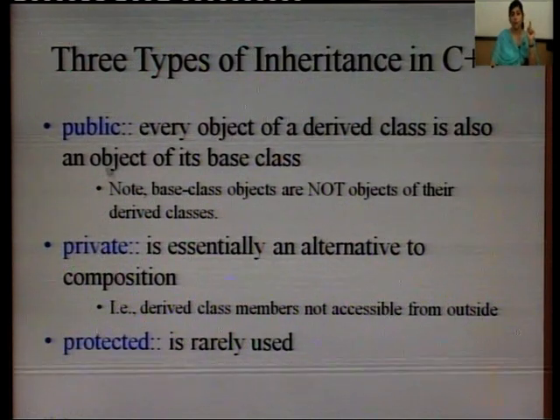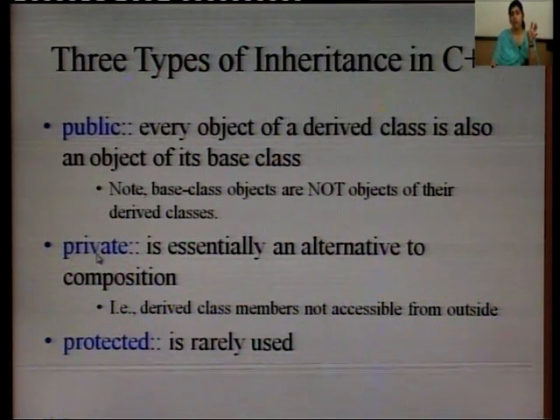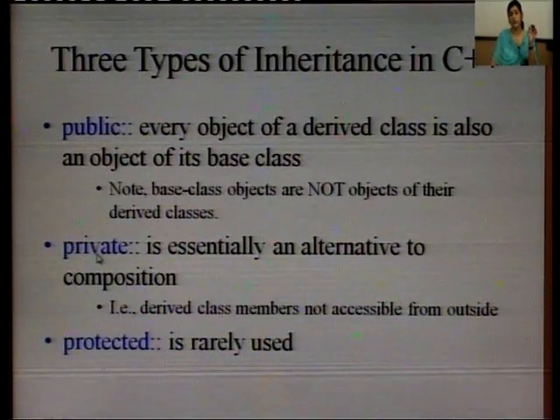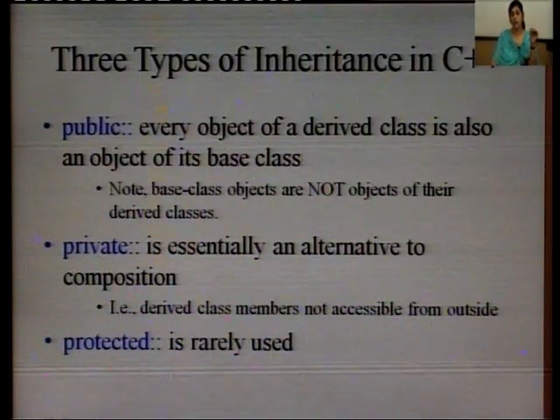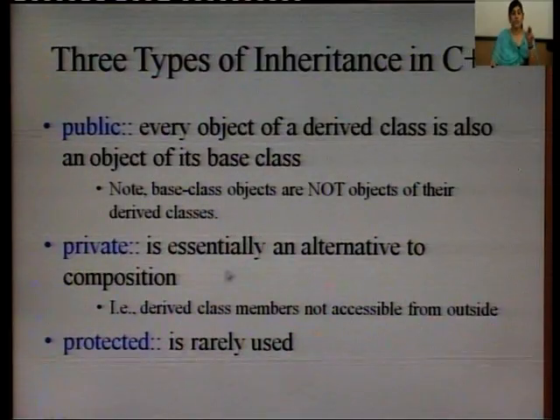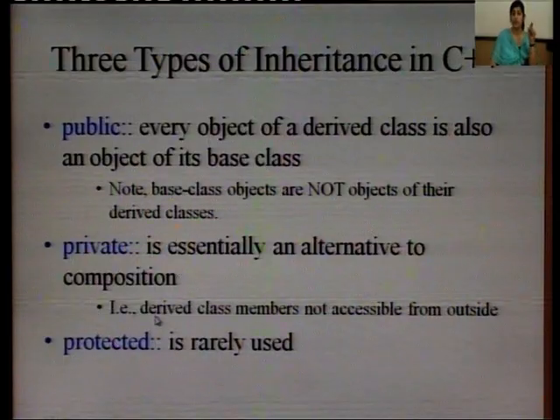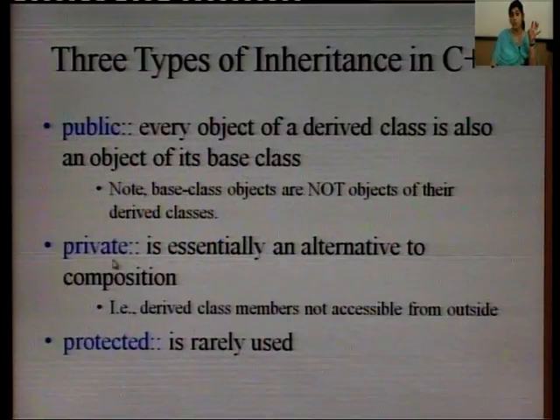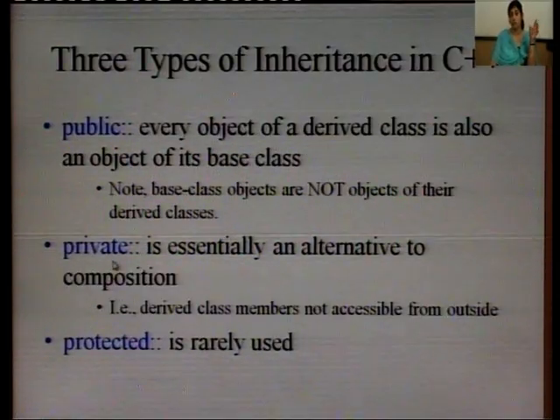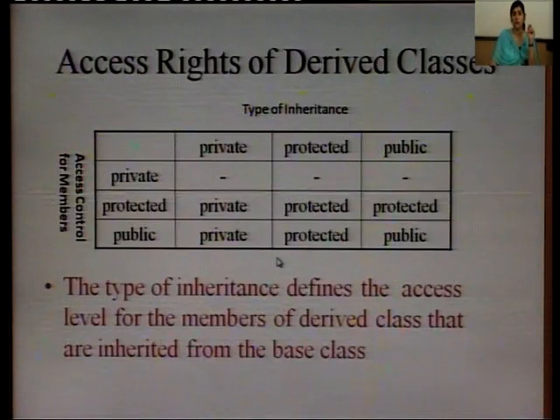Now public is done. Now private. If you use the visibility of the data in the inherited class as private, then what will happen? It is essentially an alternative to composition, that is, derived class members are not accessible from outside. Clear? Means derived class members cannot be accessed outside if they are using the private property of the base class. And protected, I just discussed with you, is about access rights of derived classes.